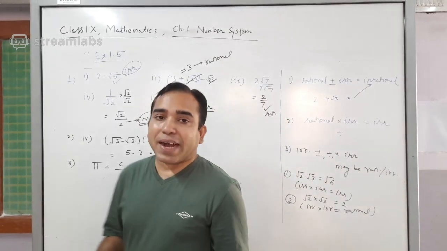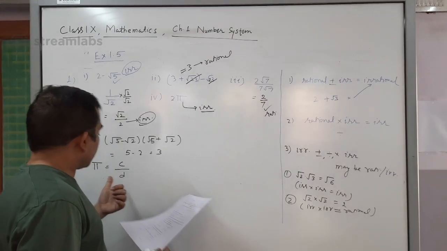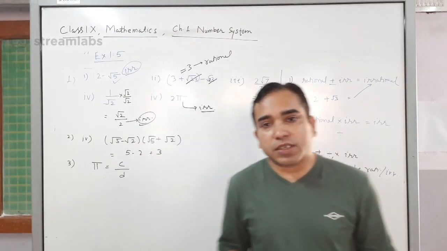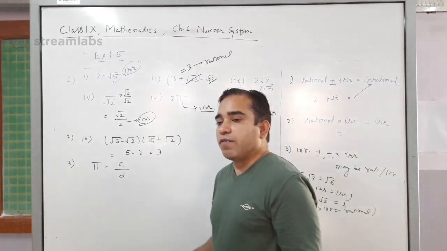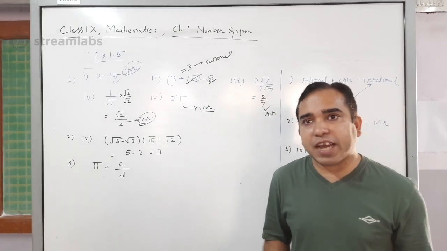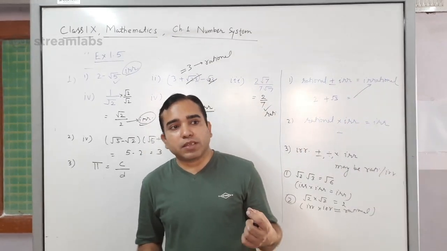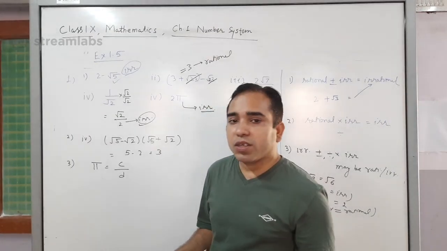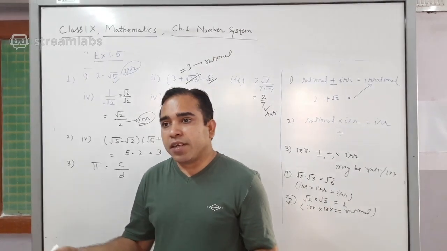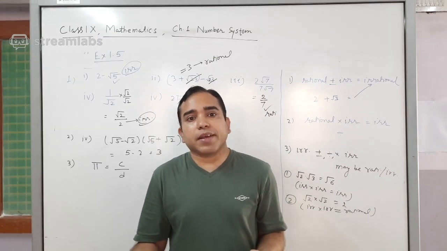See, pi is the approximation of this c upon d, right? Because exactly in a circle, if you measure c, circumference and diameter, and divide, the measurement will be up to some decimal places only, right? Circumference, if you measure, you are not going to take non-terminating or non-recurring kind of thing.